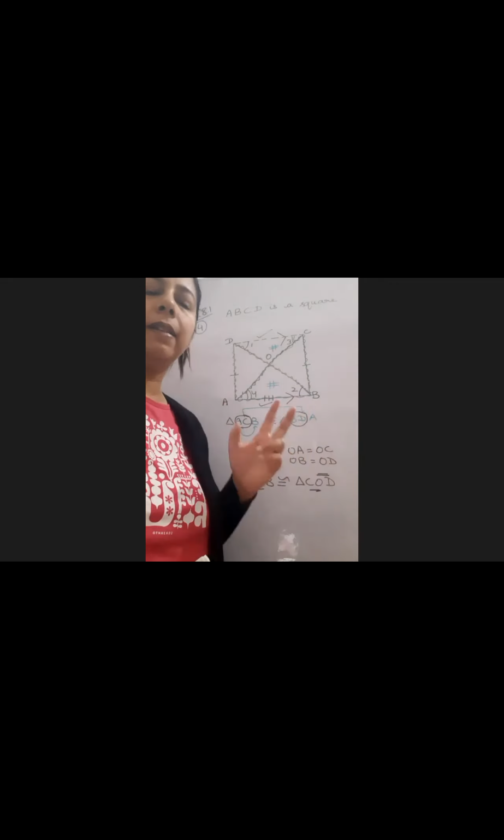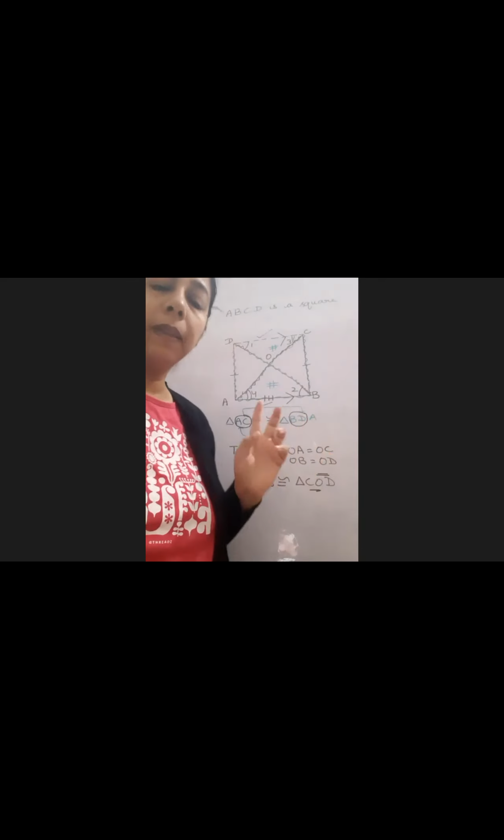So when triangle AOB is congruent to triangle COD, we will get by CPCT that OA is equal to OC and OB is equal to OD. Clear? So we have proved the second thing also, that diagonals are bisecting each other.